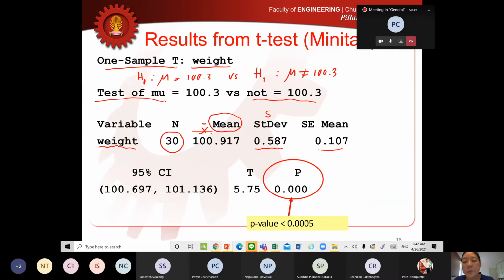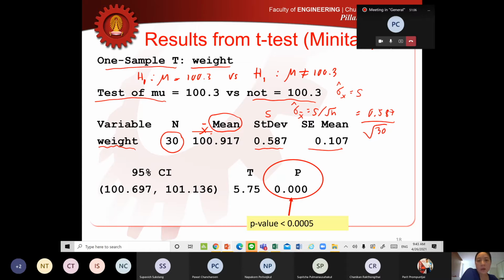SE mean in this case is S over square root N, so it's equal to 0.587 divided by square root 30. And this is what we call sigma, the standard deviation of the random variable x bar, where S is equal to the standard deviation of x before we average it.